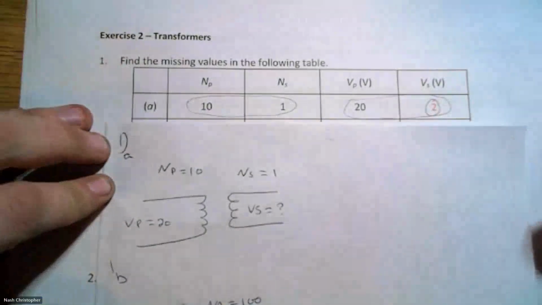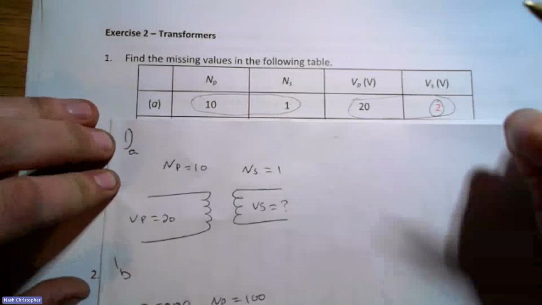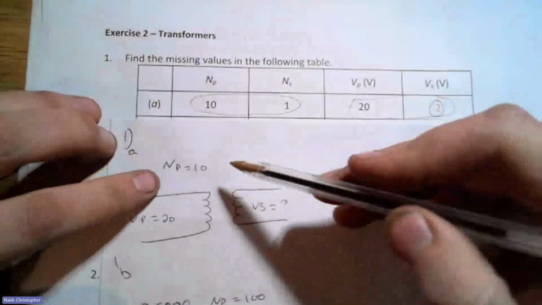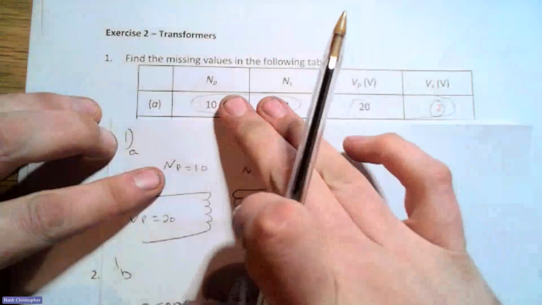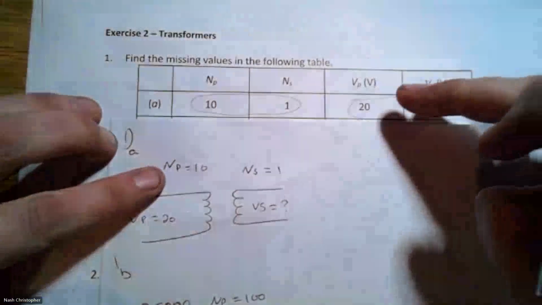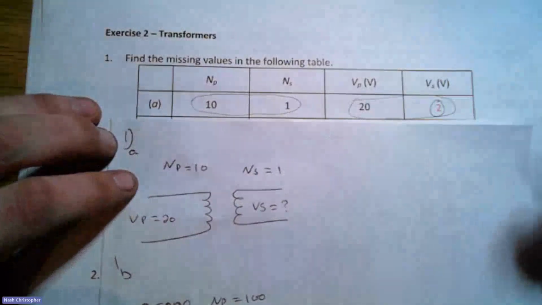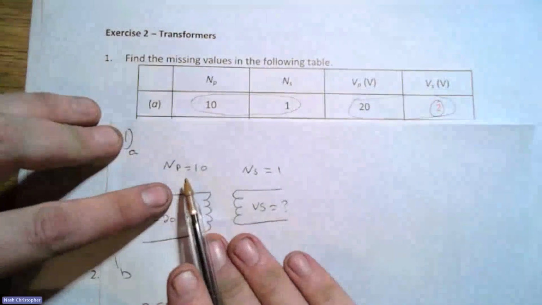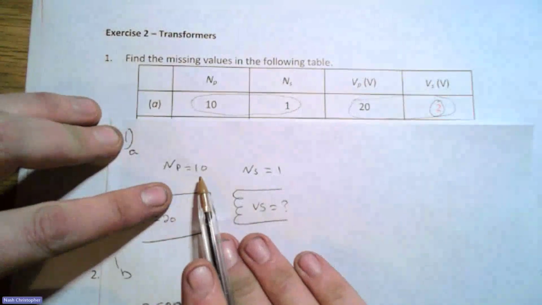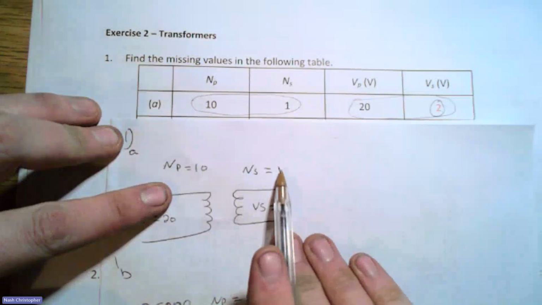So the way I go about these is you need one primary and one secondary from either both the N or both the V. So in this example, we have NP and NS.